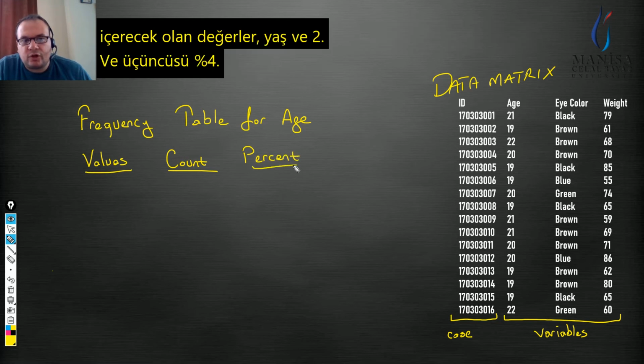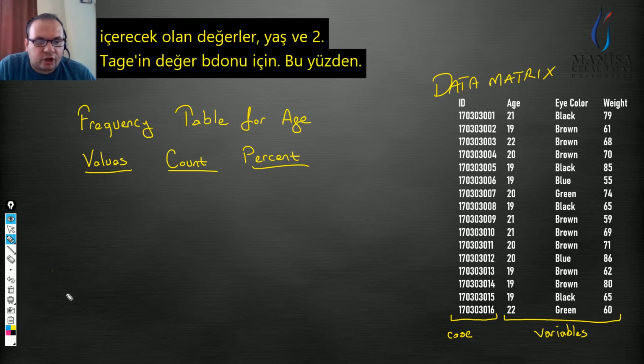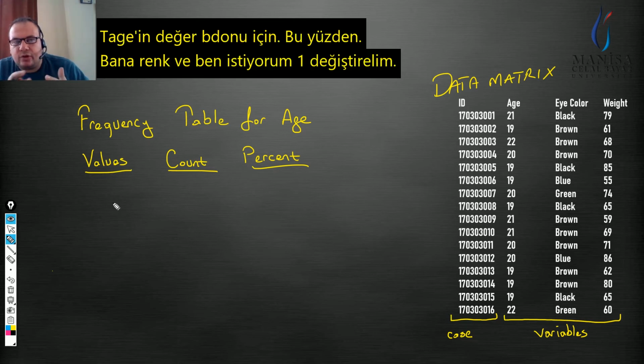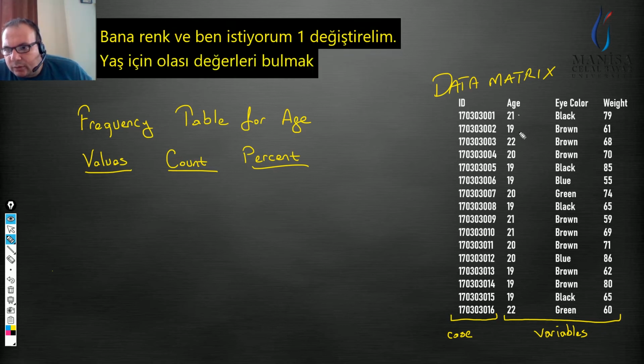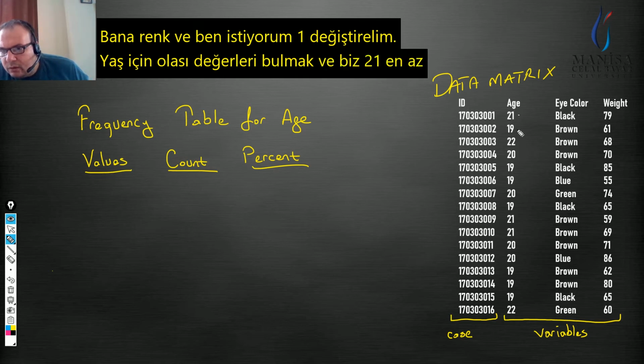It's for the percentage values. Okay, so let me change the color. First I want to find out the possible values for the age. All the values are between 19 and 22, right?